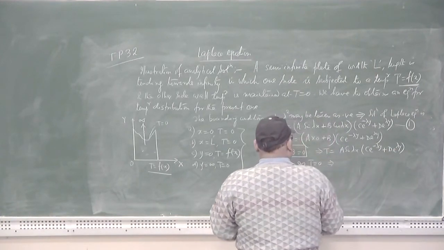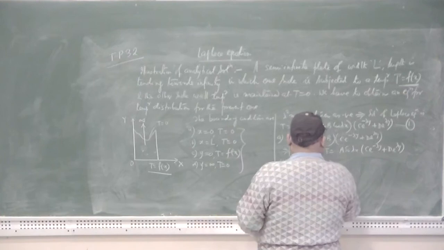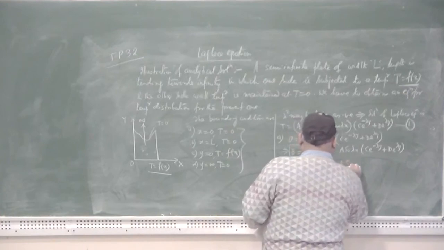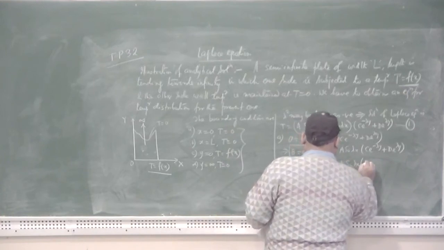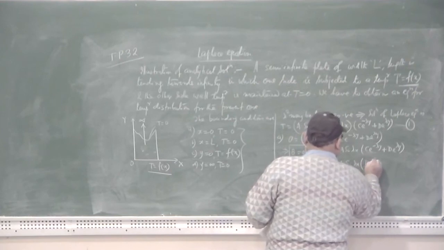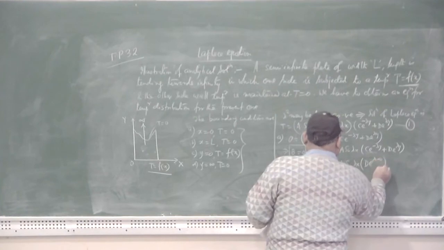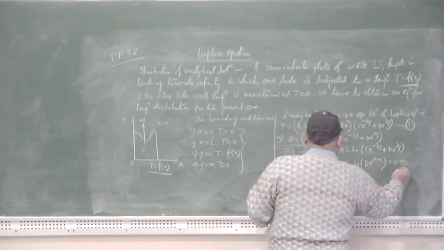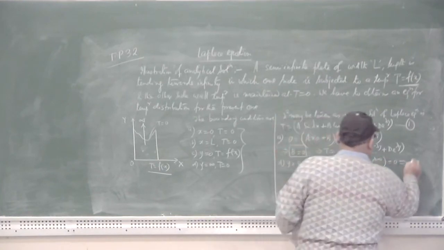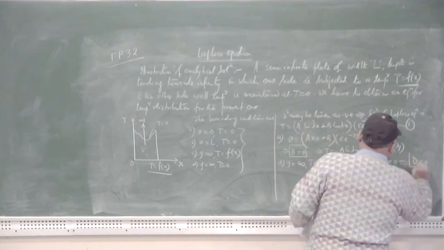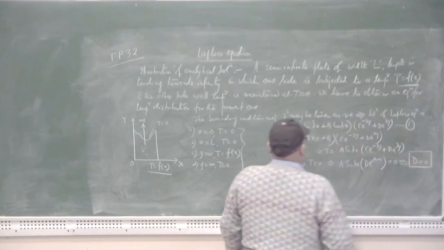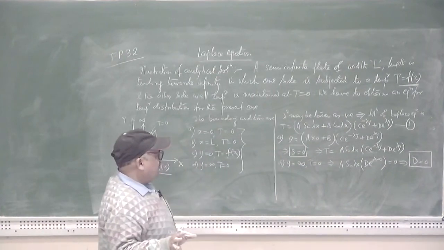So T is equal to 0 means A sin lambda x into D e raised to the power lambda infinity should be equal to 0. It means the value of the integration constant D needs to be equal to 0. So, B and D have been evaluated.